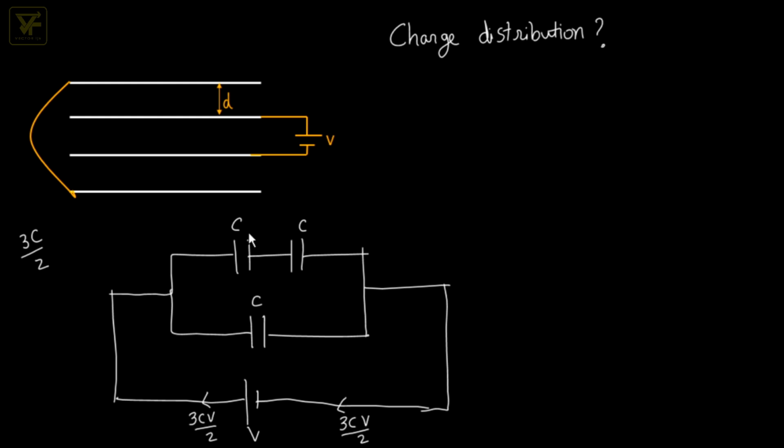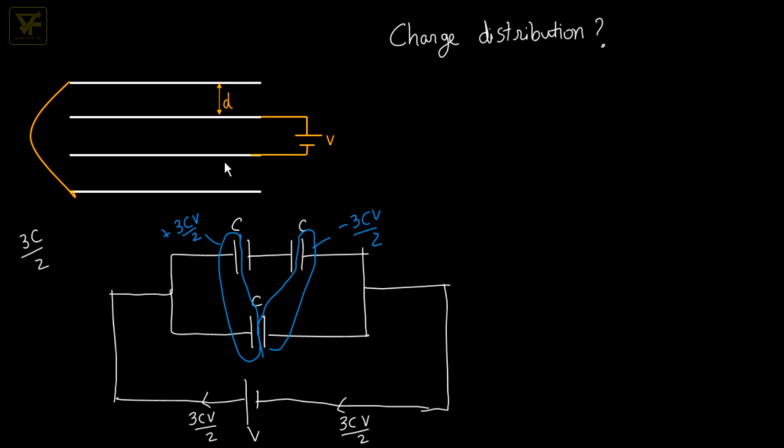So what I mean is that total charge on these two plates should be 3CV by 2 positive, and on these plates should be minus 3CV by 2.